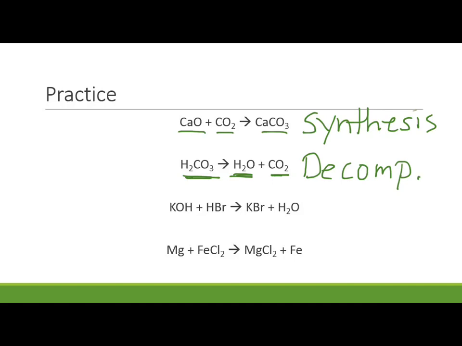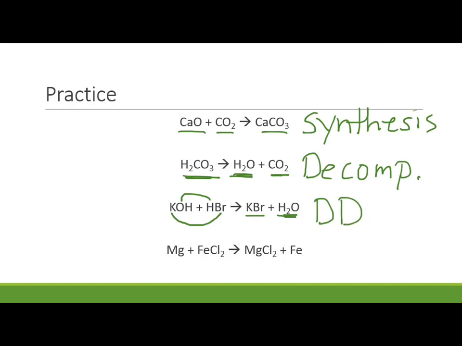Okay. In our next reaction, we have potassium hydroxide and hydrobromic acid. Notice how the potassium is partnering up with the bromide to make potassium bromide, and H plus OH is making our H2O. So in this case, we're swapping both partners. This must be a double displacement reaction.